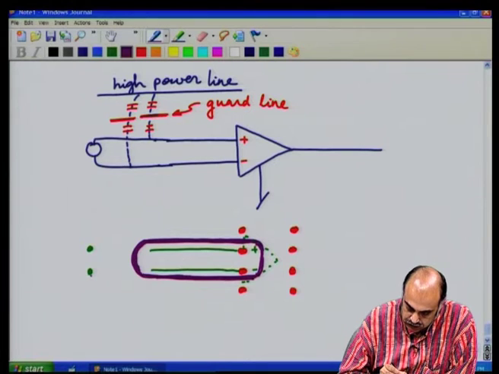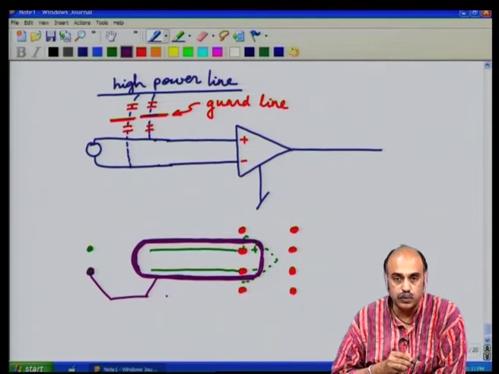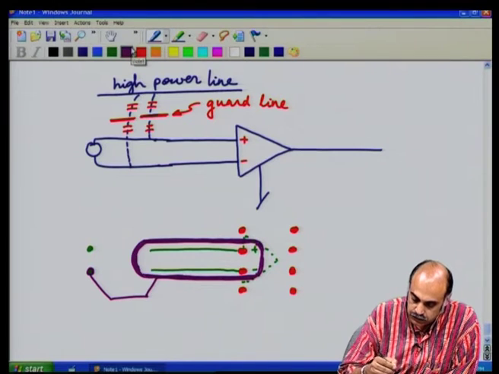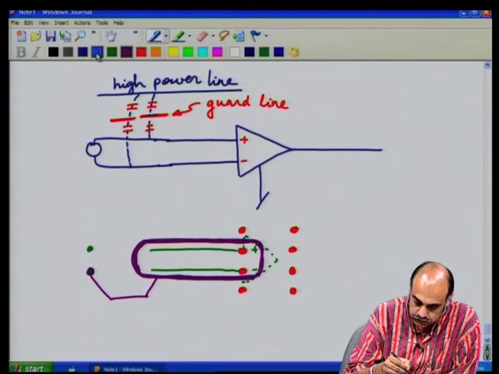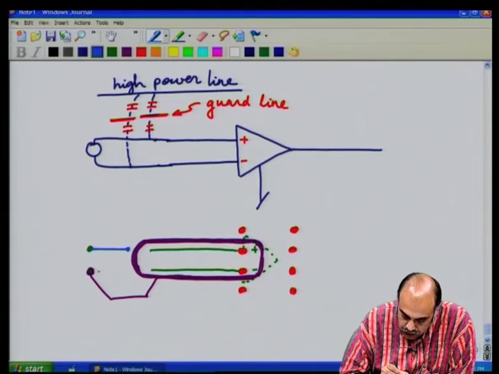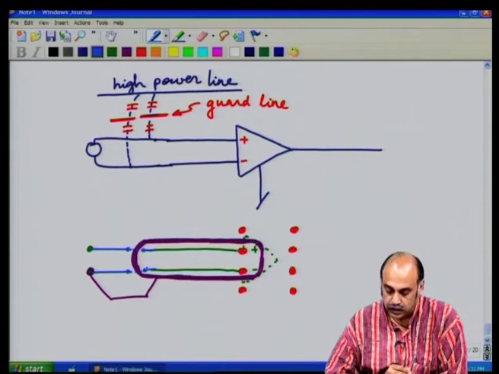So let us connect it to this potential, or it could be connected to ground; it is called the guard ground. From here onwards you could take in these wires, and probably through the other layer make the connection to the inner line.